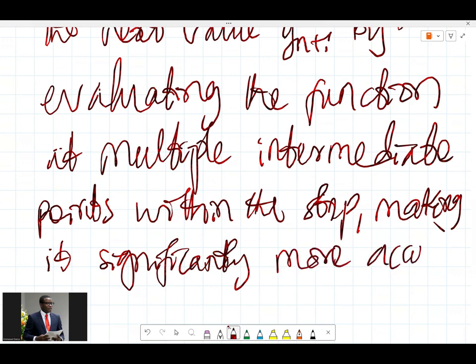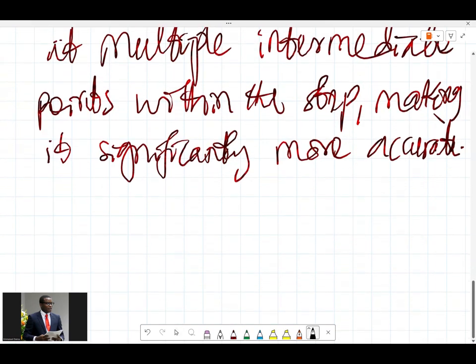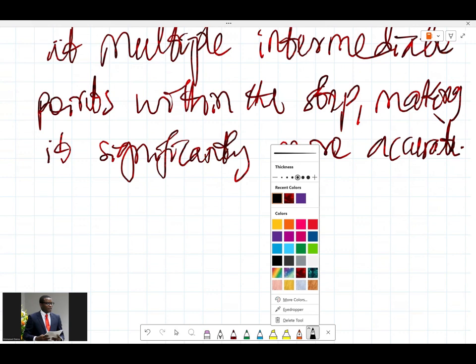Just like we saw under Euler's method, if you want higher accuracy, you need smaller step sizes, and smaller step sizes would mean more computation time. So it takes more energy to do smaller step sizes, but you get better results.